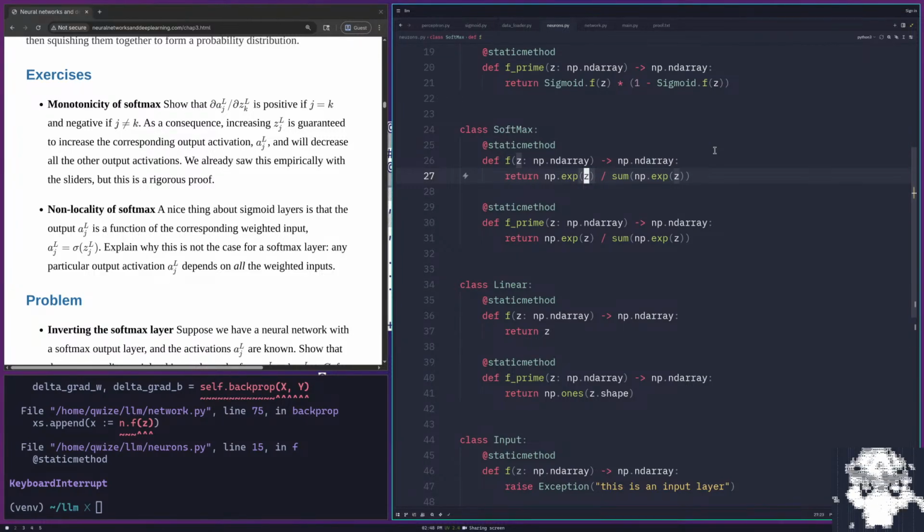I mean, I guess it's kind of obvious. If you increase the jth component, then the thing will go up, because that's the numerator. If you increase a different component, the thing will go down, because that's the denominator.